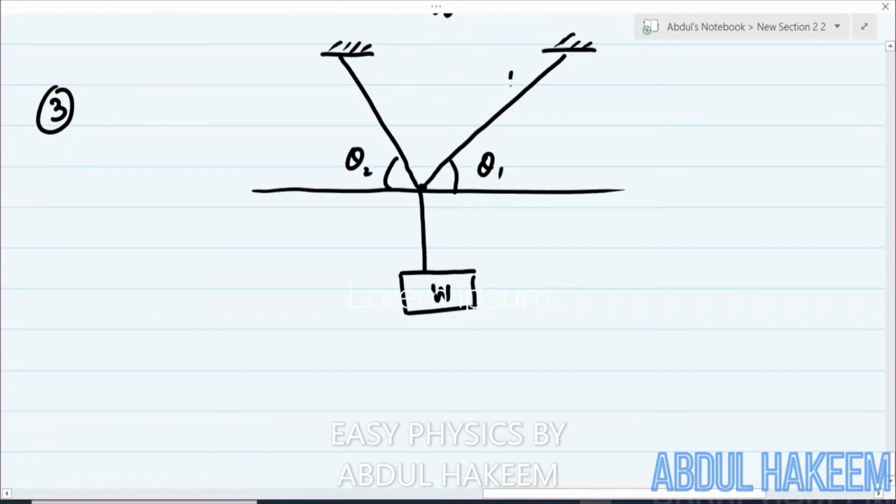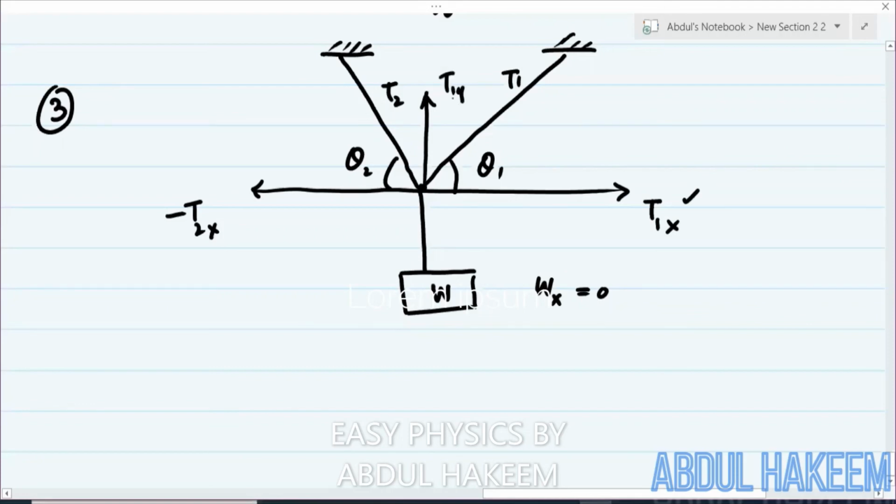Now this tension will be different, this tension will be different because the angles are different. Now, tensions are resolved into components. So this is T1x, and this side it is minus T2x, and the x component of W is 0 because it's 100% vertical.